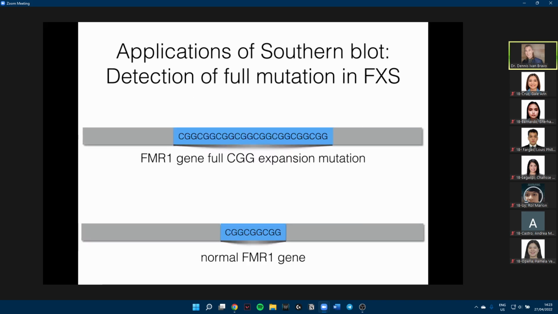Okay, so how do we do Southern blot to detect Fragile X? So let's say this is the FMR1 gene with CGG expansion mutation, full version. While this is, say, for example, the normal variant. So we repeat the same steps as always.